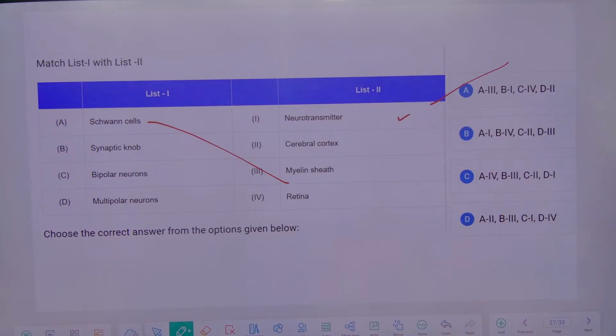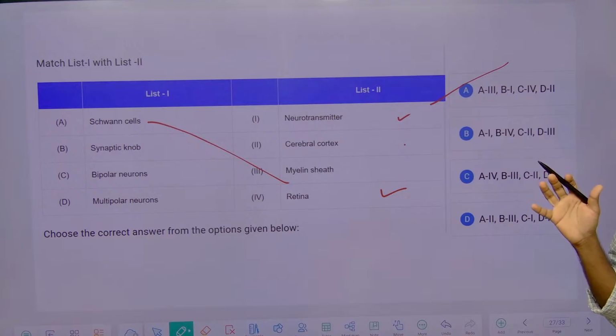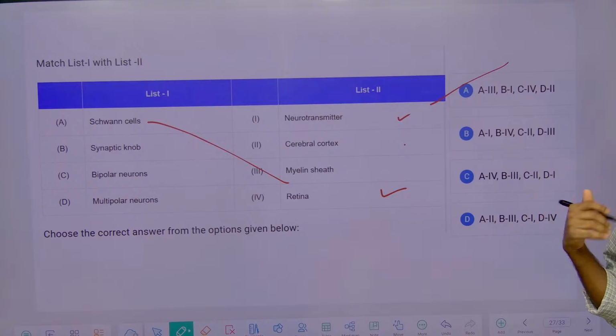Neurotransmitters. Next C, bipolar neurons. These are present in the retina. And multipolar neurons are present in the cerebral cortex. Multipolar neurons have many dendrites and take information from all directions, present in the cerebral cortex, right? So that was easy.